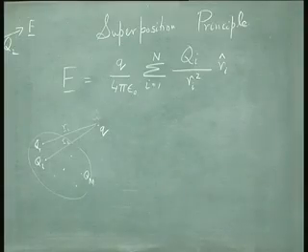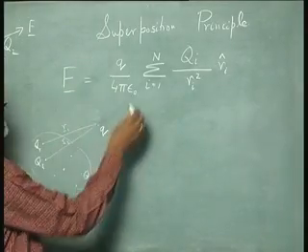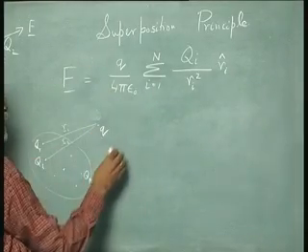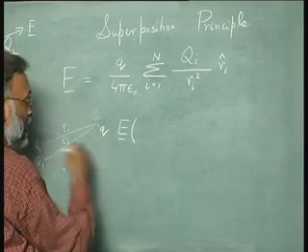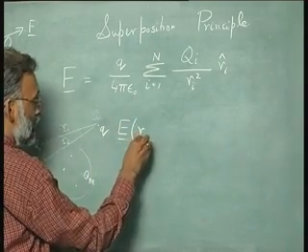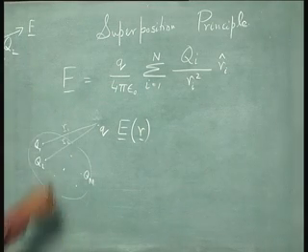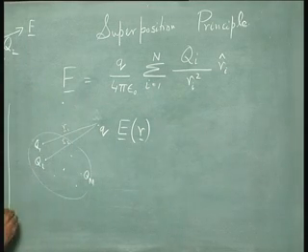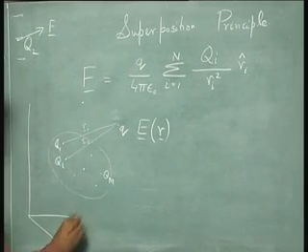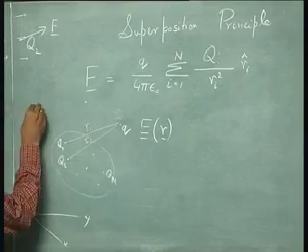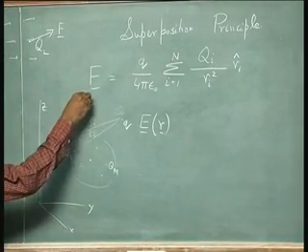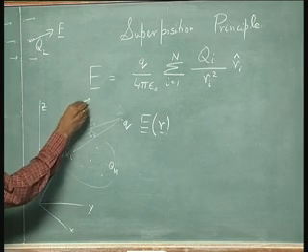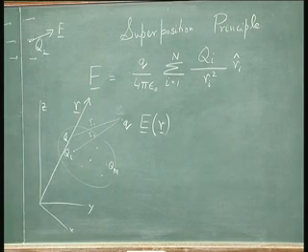Similarly, now you can divide through by small q and you get the electric field at any point r. So, I am choosing some point r. Let me draw a coordinate system now. This is x, this is y, this is z. So, this vector from the origin is r.